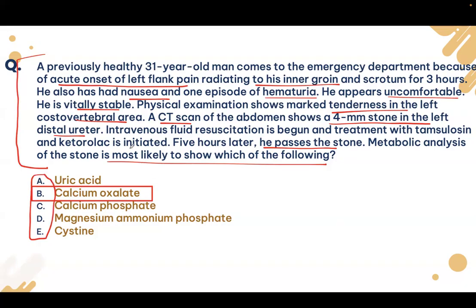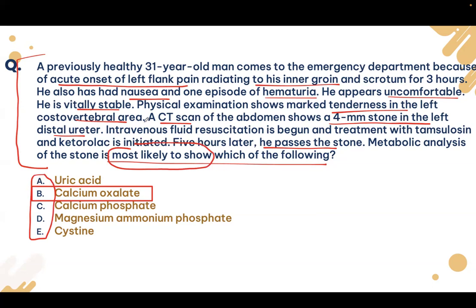As you can see, the question is asking what the metabolic analysis of the stone is most likely to show, and in the question stem there is nothing indicating which one of them, which is why we went with calcium oxalate. Now let me just give you a brief idea about the others. Uric acid is usually found in patients who have gout.